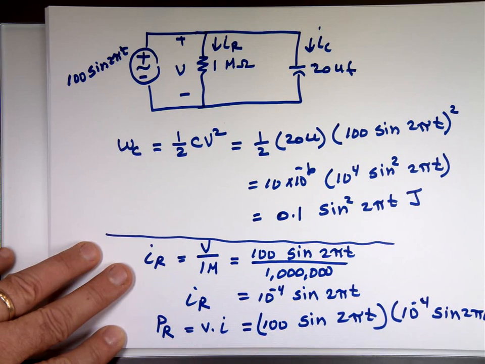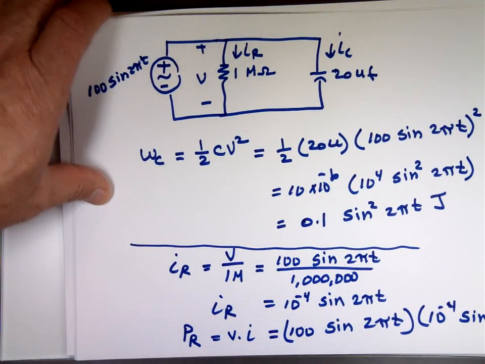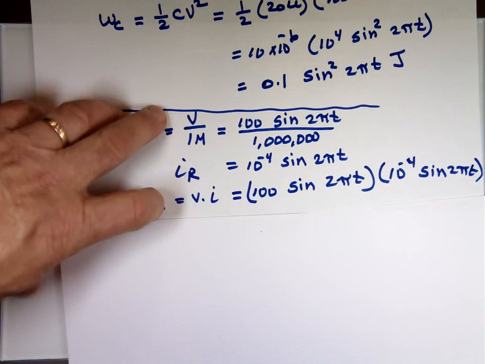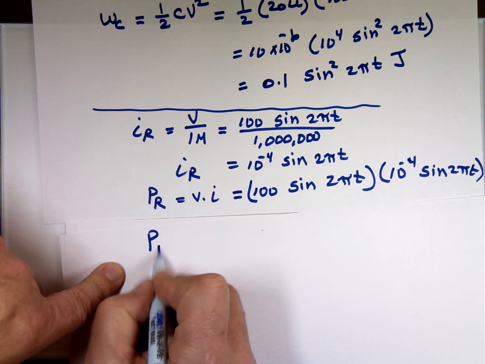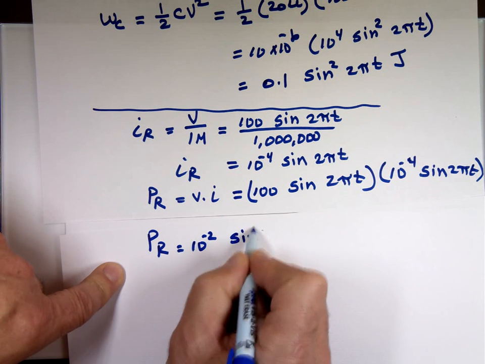What's that, 10 to the minus 2? 10 to the minus 2 sine squared 2 pi t.